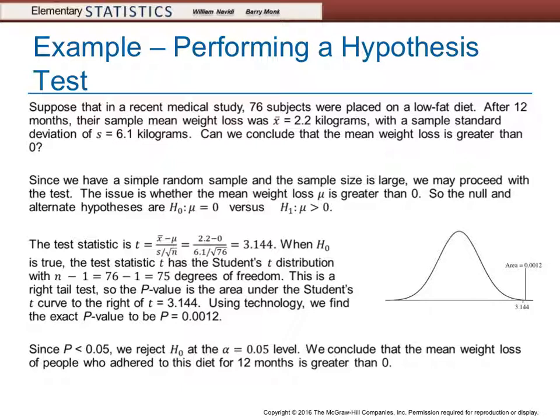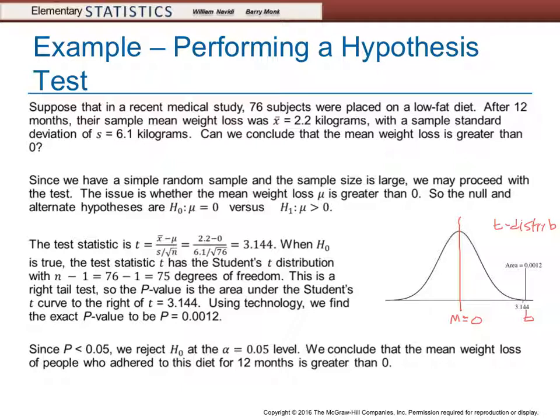is greater than 0. So we are testing from the sampling distribution, the t distribution, where the t value is in relationship to this t distribution.